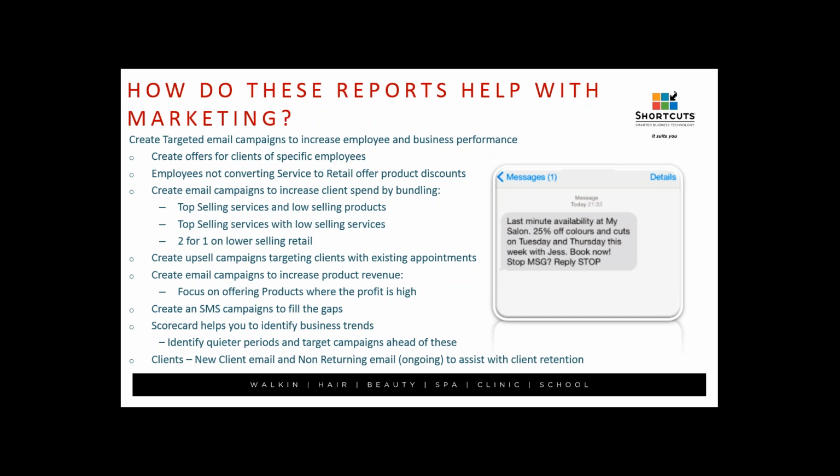So you really want to identify quieter periods and ahead of time create those targeted campaigns to counteract those periods of time where you know it's going to be particularly quiet. I'll be talking about upcoming webinars shortly as well, and we do have some holiday webinars coming up for that traditionally quieter period during January, February next year.